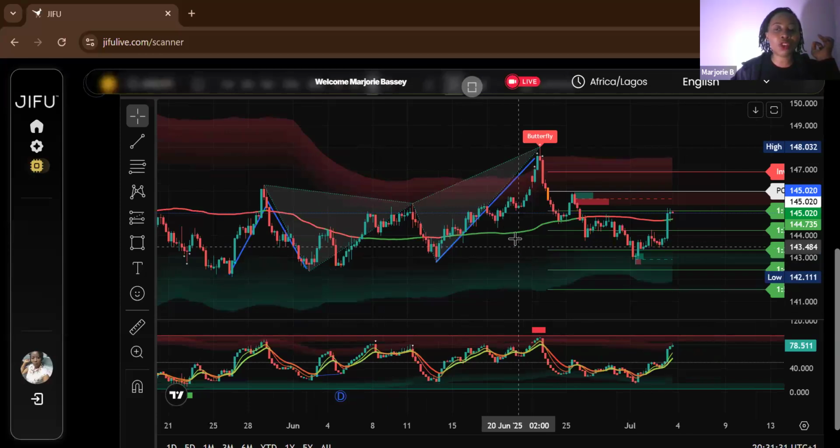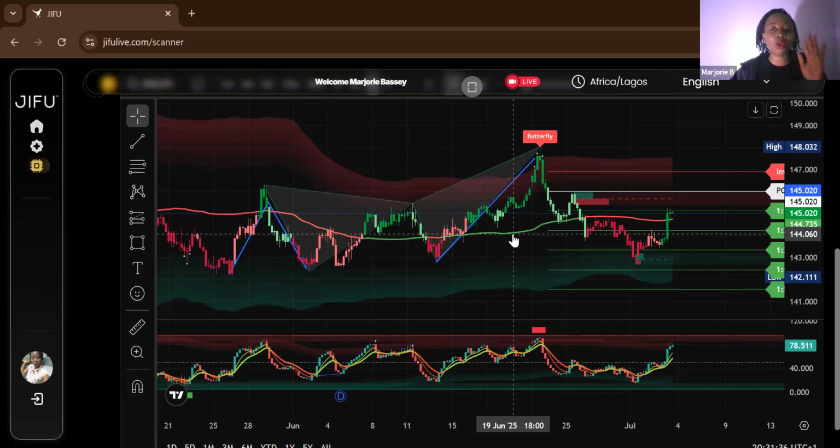When you place your cursor on that line, it is going to display these color-coded patterns. It's showing you, it's called OTT, Optimized Trend Tracker.